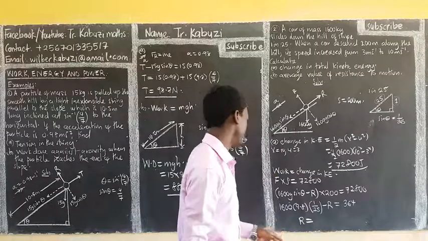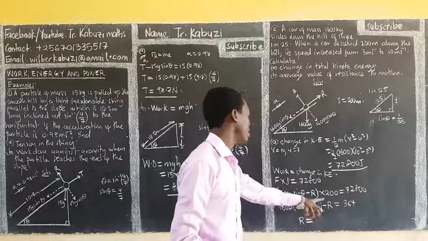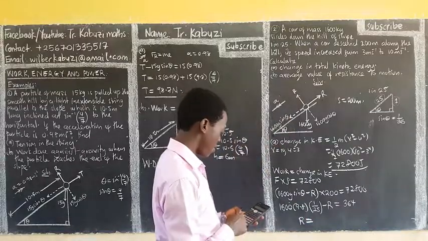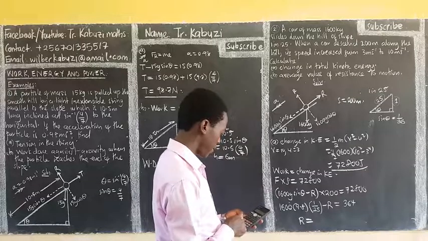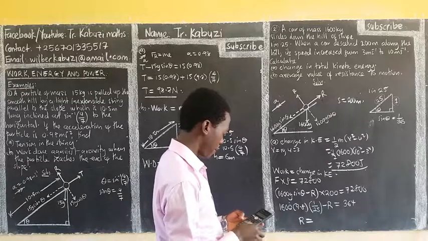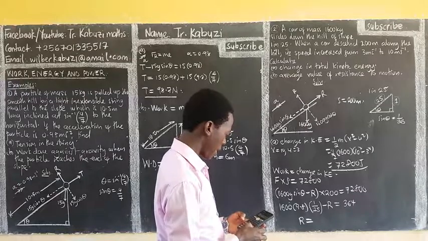So how are we calculating it? We take this times this divided by this, bring this side and take this side. So it's going to be 1600 times 9.8 over 25, minus 364.